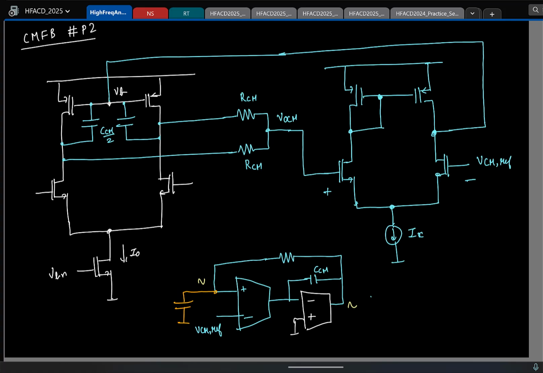But now with the capacitor, there will be a delay in this path. Now if you want to counter this delay, what can you do? Add a 0 or a faster path. How can I add a 0 in this RC circuit? Capacitor where? Across the resistor.